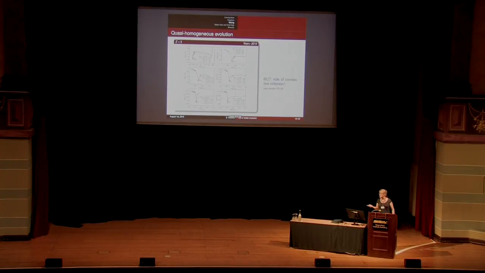This has been found as well in Population III models by Sung-Chul Yoon in 2012. He has exactly the same kind of behavior. The slowest rotators behave normally towards the red, and the fastest rotators go with a quasi-homogeneous evolution.